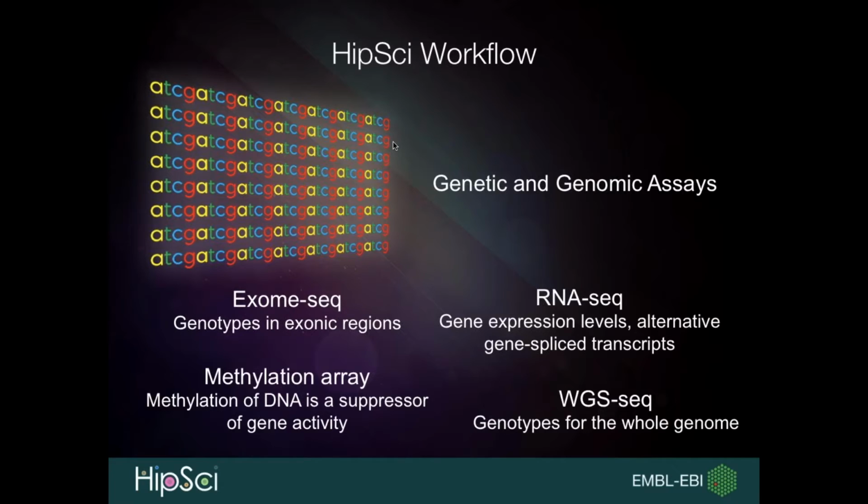It also tells us about things like alternative spliced transcripts. We also do a methylation array. So methylation of DNA is a suppressor of gene activity. So this assay gives us a profile of the gene activity of this cellular phenotype. And also for a small subset of cell lines, we do whole genome sequencing.